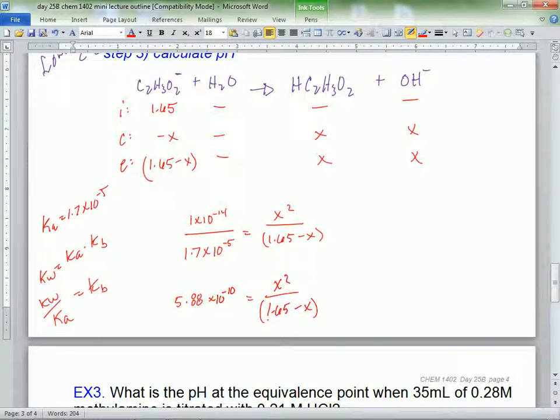Okay, let's see if Diana, when you see this Kb number, did you get this? 5.88 times 10 negative 10? Okay, when you see this Kb number, 5.88 times 10 negative 10, what do you really like about it? We can drop the X. Why? You're right. But what do you look at to tell that we can drop the X?